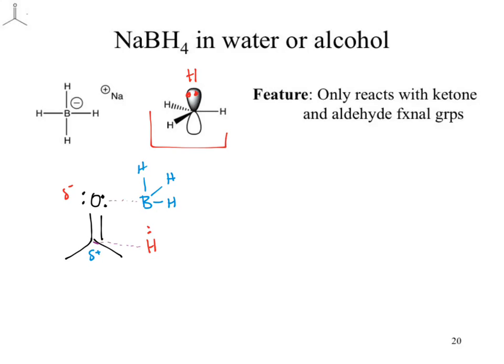What ends up happening is we take the electrons from our hydride and attack our electrophilic carbon. What's the problem with that? Too many bonds. So what happens? We break the weakest bond available to us, which is the pi bond. Those electrons go to our oxygen.